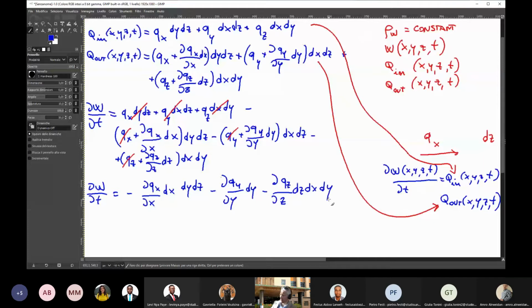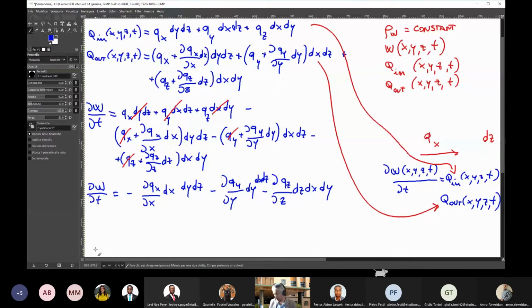Okay, so we got to a simplified form. And here I see that I forgot, I'm sorry, in the second term, I forgot the x, the z. So I added it there. Sorry for that, I hope it's clear.